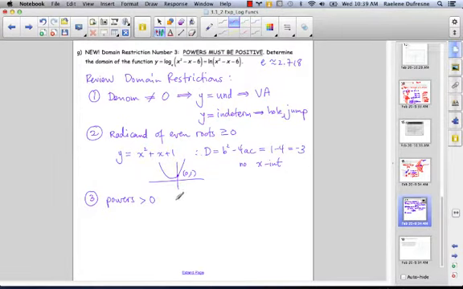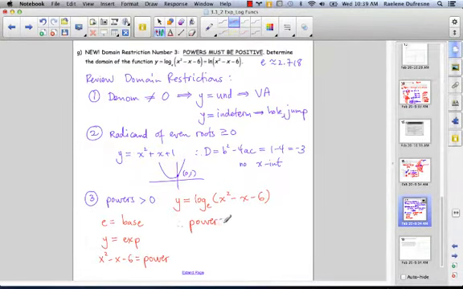So let's just recall, when we have y equals log base e of stuff, e is the base, the exponent is the output of the logarithmic function, so y is the exponent, and the stuff we are taking the logarithm of, x squared minus x minus 6, is the power. So we know that powers must be positive, and the power x squared minus x minus 6 must be positive.